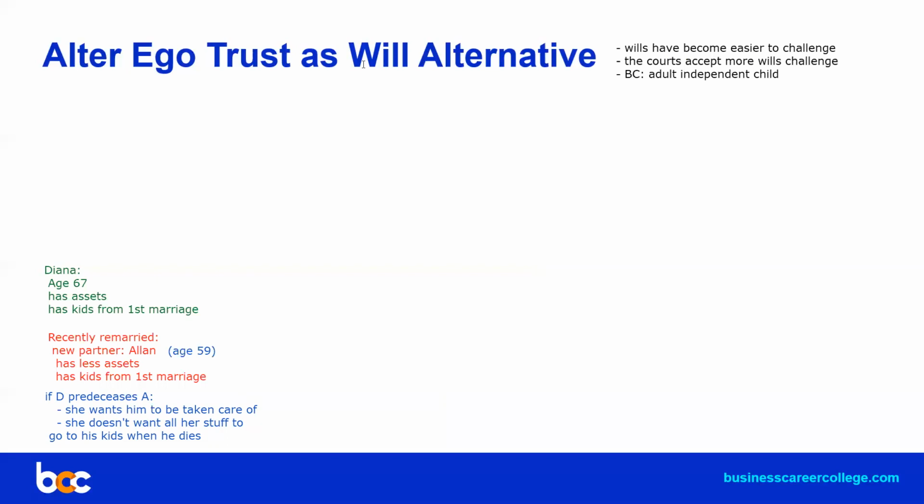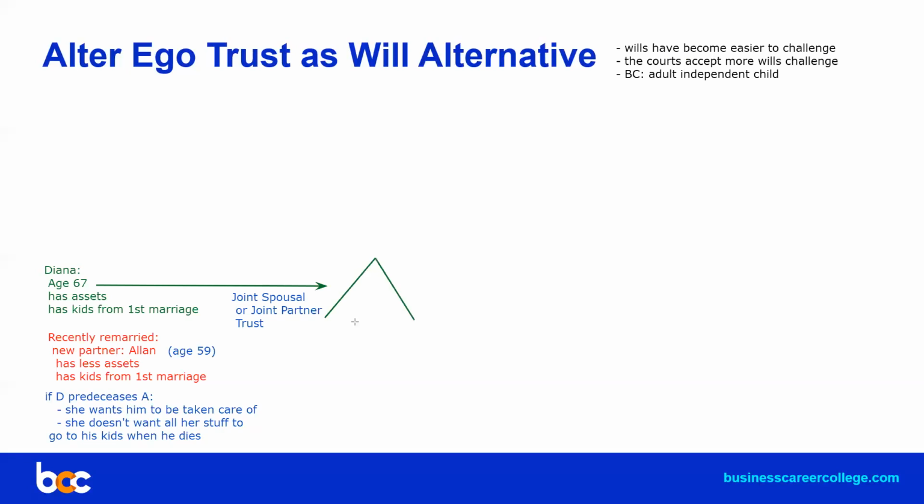So what she's going to do here, she's going to set up what we're going to call a joint spousal or joint partner trust. In this case, they're married, so it's a joint partner trust. And she's going to settle whatever assets she's concerned about into this trust.